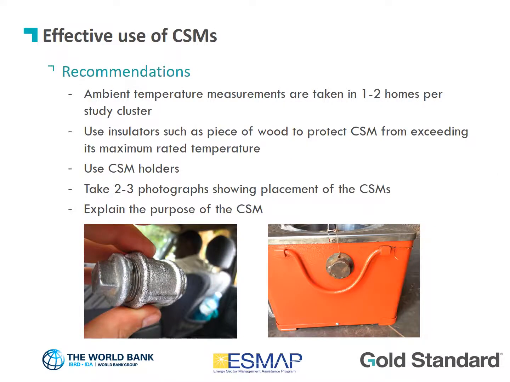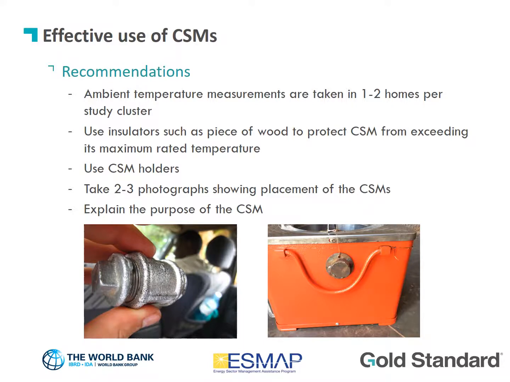For the most effective use of stove use sensors, we recommend ambient temperature measurements to be taken in 1 to 2 homes per study cluster. We recommend using insulators such as a piece of wood or a silicone pad to protect the sensor from exceeding its maximum rated temperature.